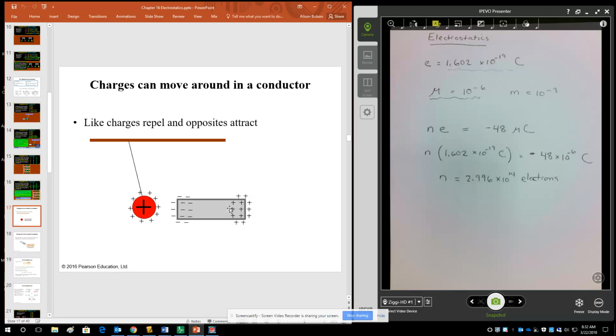And that will expose the protons in the nuclei of the atoms on the right-hand side of the conductor. The repulsion and attraction force has to do with distance. So the fact that the electrons and the protons here are closer to each other means that this attraction is bigger than the proton-proton repulsion. So there's a net attraction.